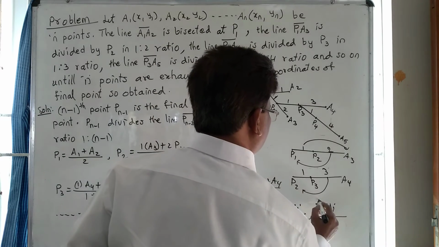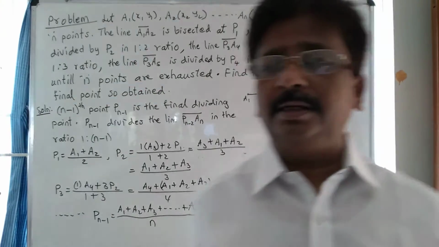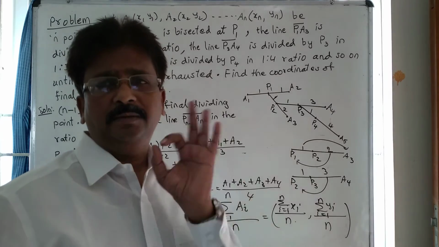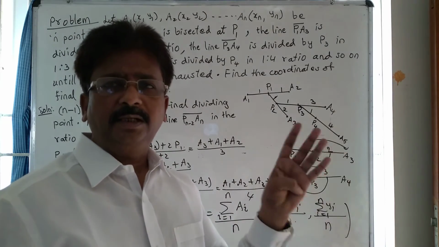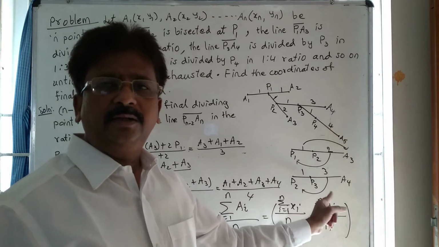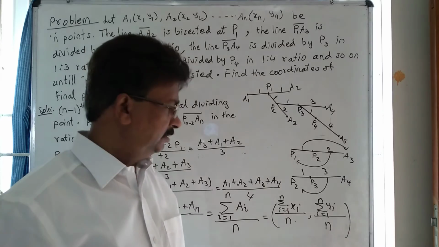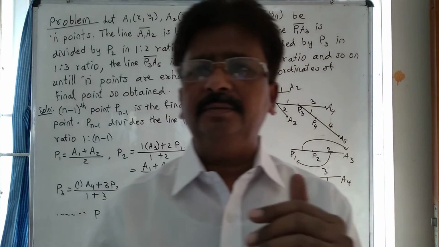What is the meaning of sigma xi, i equal to 1 to n? Very simple: x1 plus x2 plus x3 and so on up to xn, by n. Here y1 plus y2 plus y3 and so on up to yn, by n. Okay, note it. Understood?